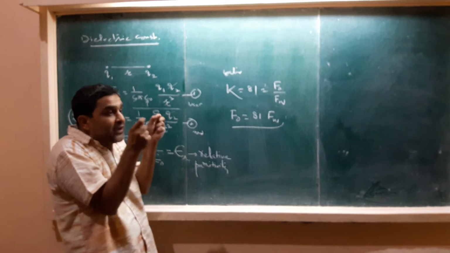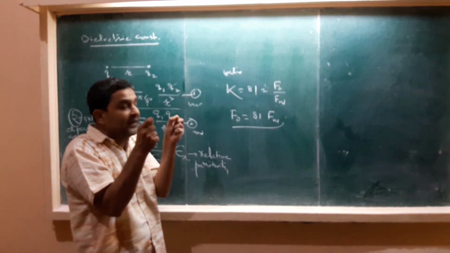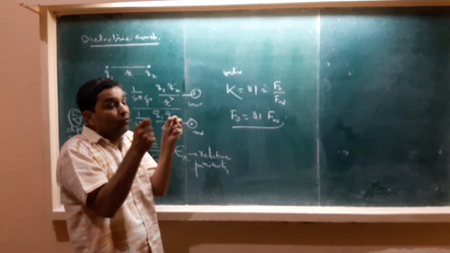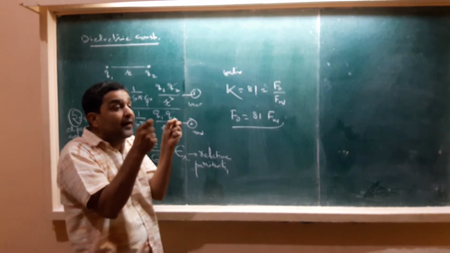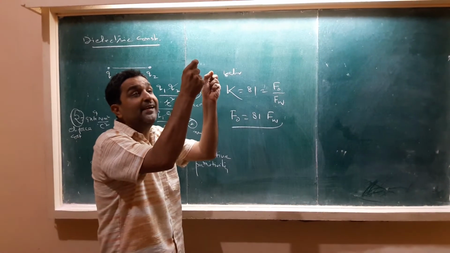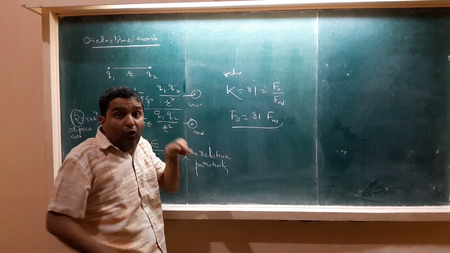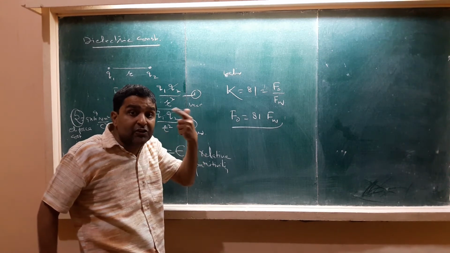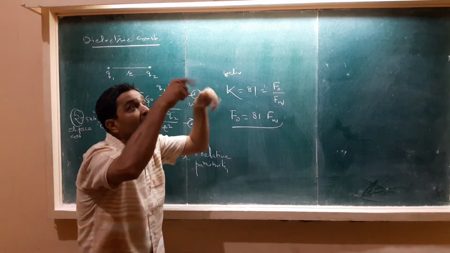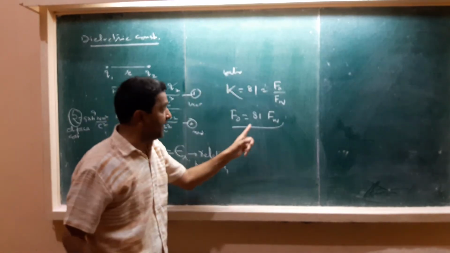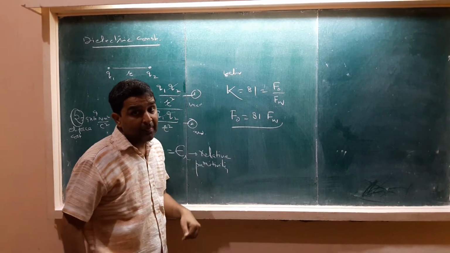If you have two charges separated by some distance in water, there is some force acting. Suppose that force of interaction between those two is 1 newton. If we take those charges and move them to vacuum, then the force will be 81 times the force in water. It becomes 81 times. Water gives less permittivity for interaction and vacuum gives 81 times more permittivity than water. This is what I want to say.